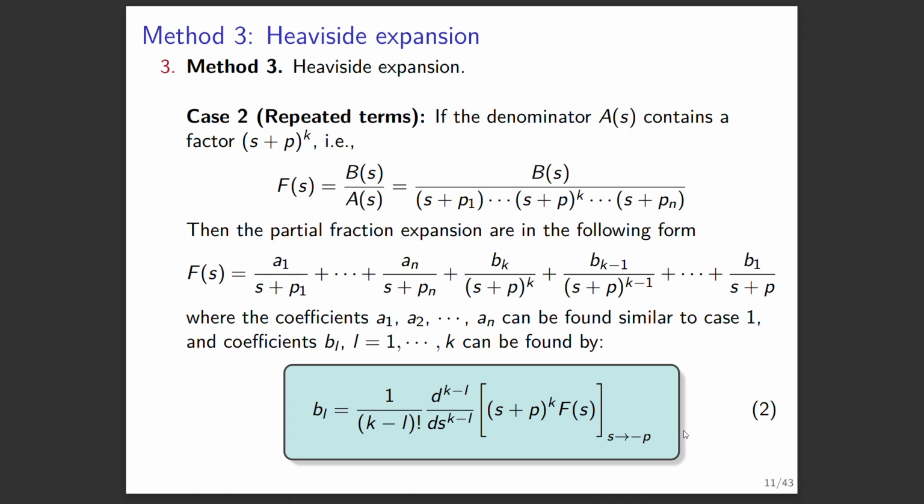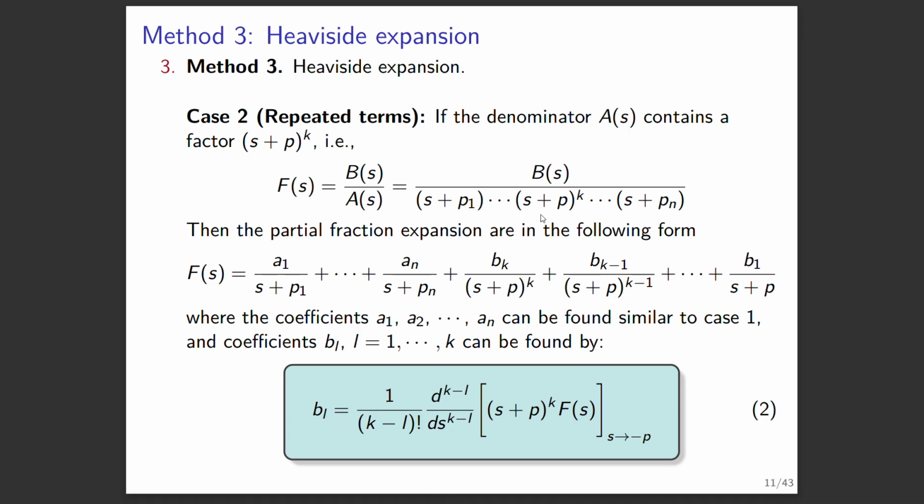A more complicated case is when I have repeated terms. If I have repeated terms, like here where I have s plus p to the k, then when I break this fraction into pieces, I'm going to have the simple terms, s plus p1, s plus p2 to s plus pn.